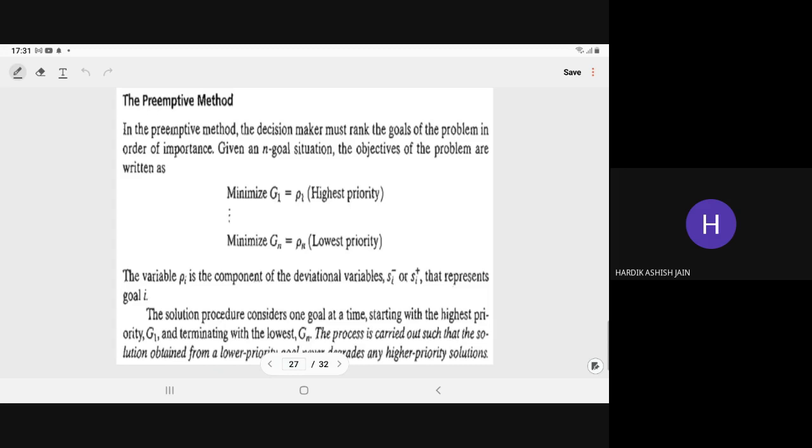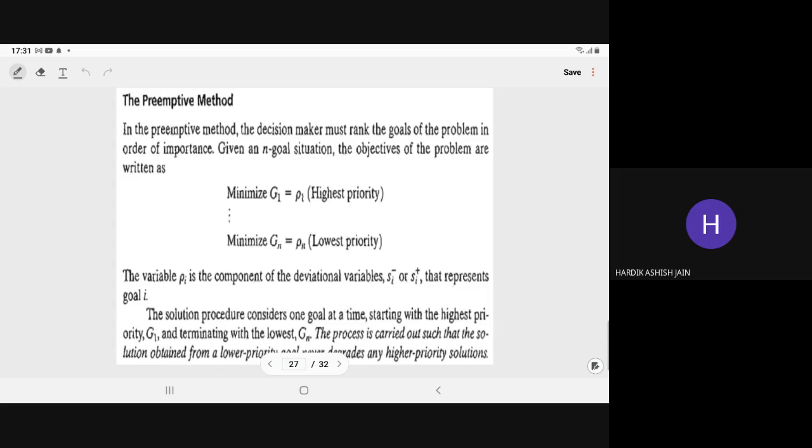So here in the preemptive method, the decision maker must rank the goals of the problem in order of importance. Given an n goals situation, the objectives of the problem are written as minimize G1 is equal to row 1, highest priority, and minimize Gn is equal to row n, lowest priority.